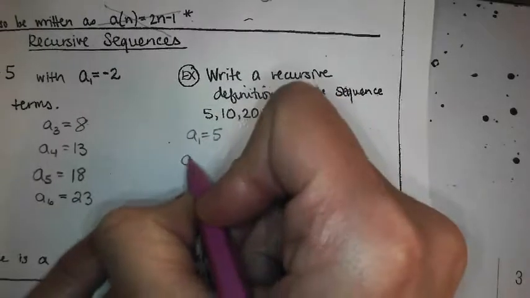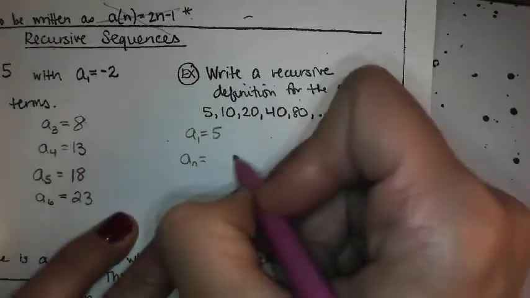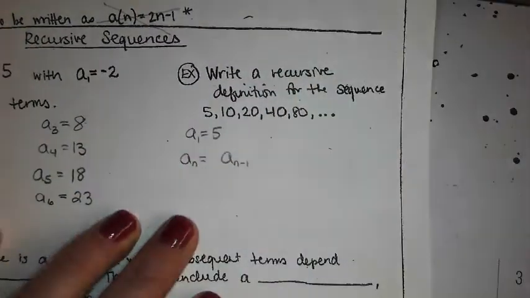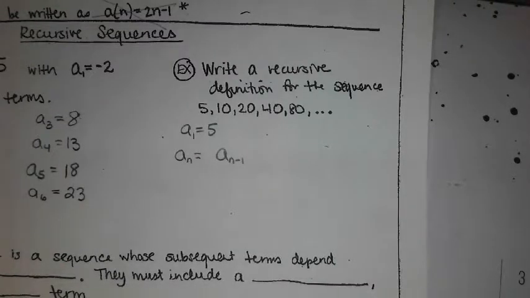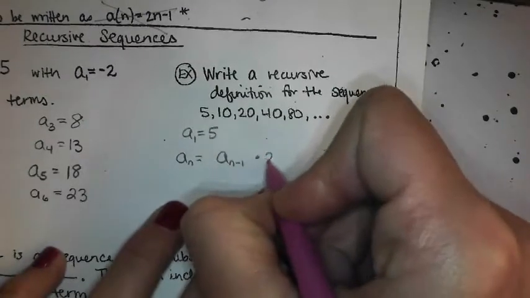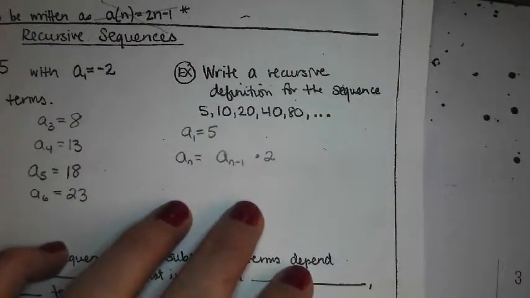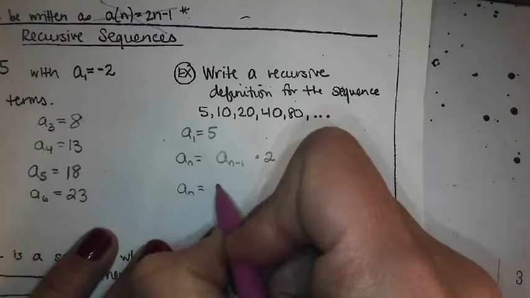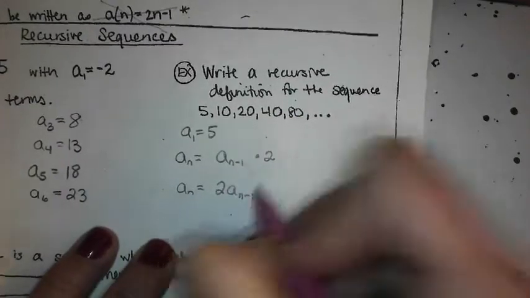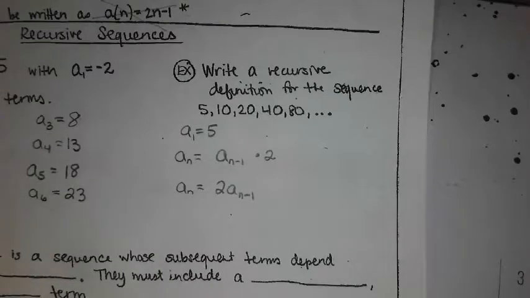So to find the nth term, you need to take the previous term, which is a sub n minus 1, and do what to it? Just double it. So take the previous term and multiply it by 2. Now, I'll be honest, anytime you multiply something by 2, that usually goes out in front. I just rewrote it. That's kind of the way you would see it. You're just doubling the previous term.